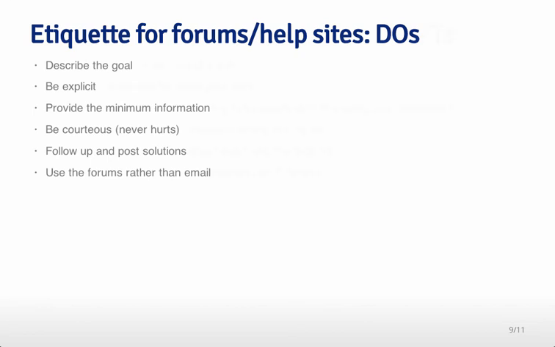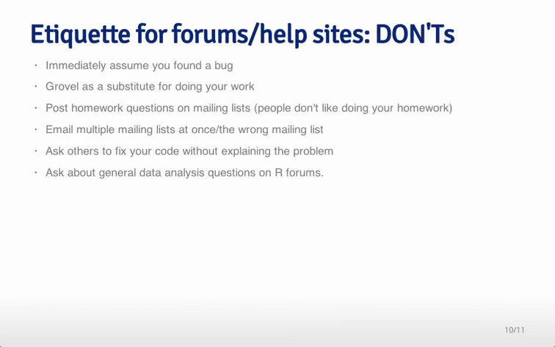Some things that you shouldn't necessarily do are immediately assume you found a bug in a major program, so saying you found a bug in R and that's why things aren't working. Groveling as a substitute for your work is obviously not a great thing, so begging other people to do your work for you. Please don't post homework questions on mailing lists or on the course forums.